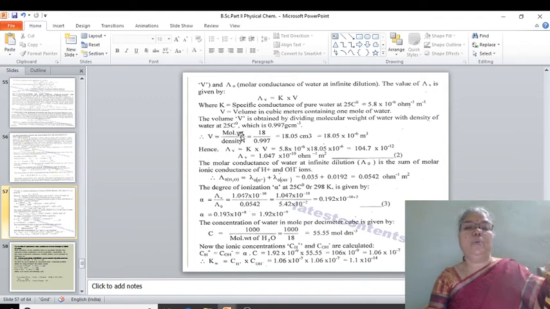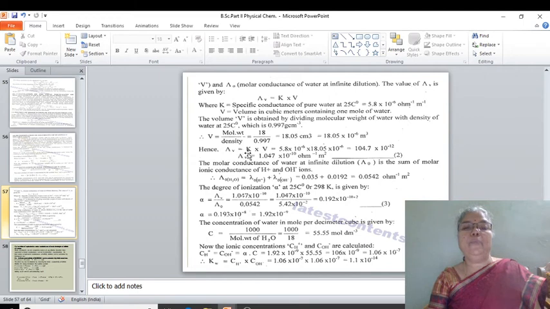It is equal to molecular weight divided by density, and this ratio becomes 18 divided by 0.997, equal to 18.05 centimeter cube, which is equal to 18.05 into 10 raised to minus 6 meter cube.